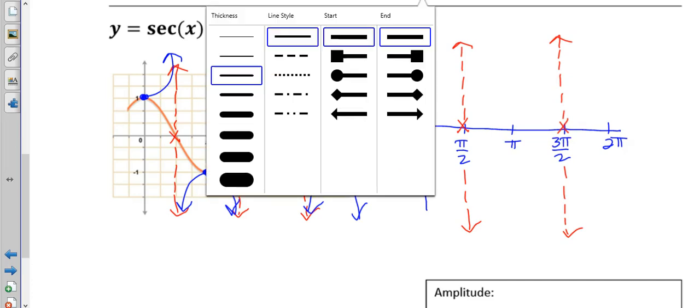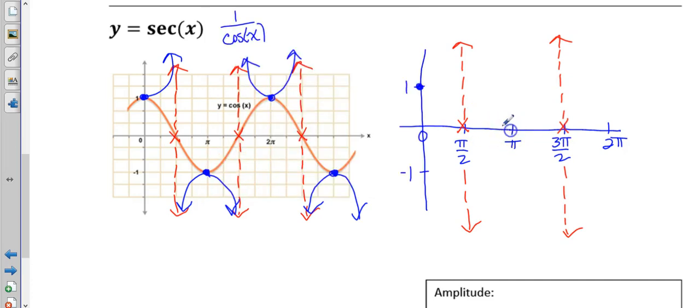So now we're ready to finish generalizing our sketch. So cosine would have come down, secant's going to go up. It's going to come down here. I always plot the ones and negative ones first. If this branch was opening up, I know that this one is definitely going to open down.